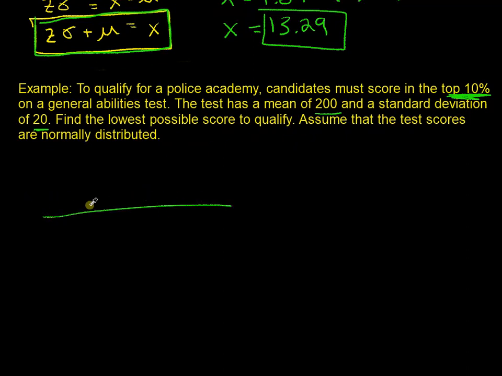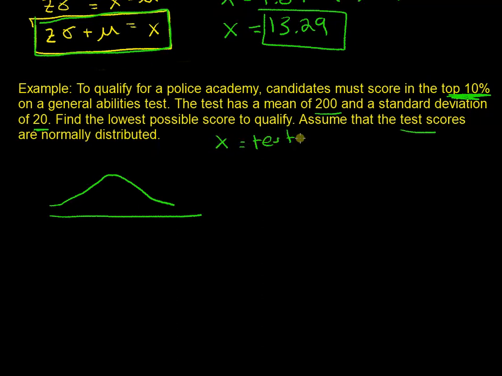Let's start by drawing the distribution of x. Test scores are normally distributed, so x right now is the test score. This is the distribution of x, and here in the center, mu for this distribution is 200, and sigma for this distribution is 20.